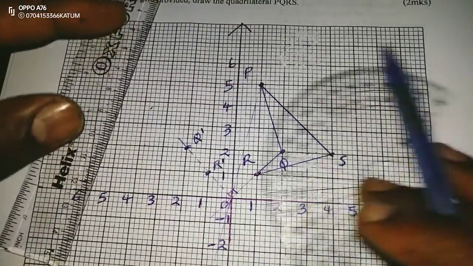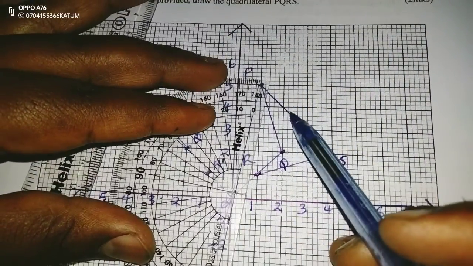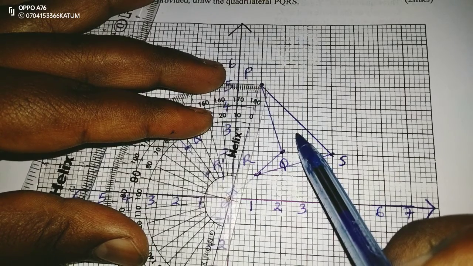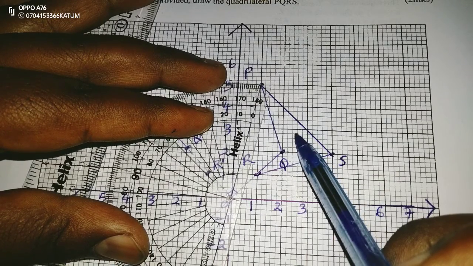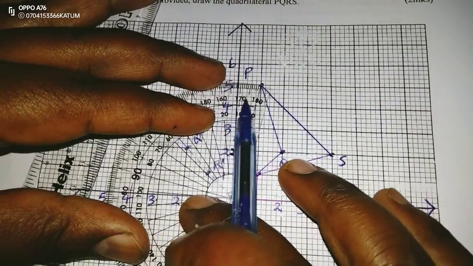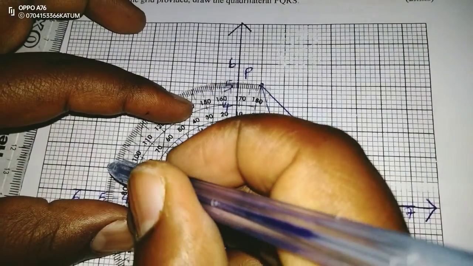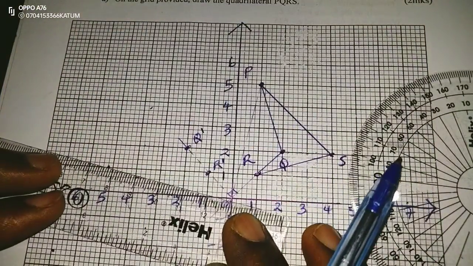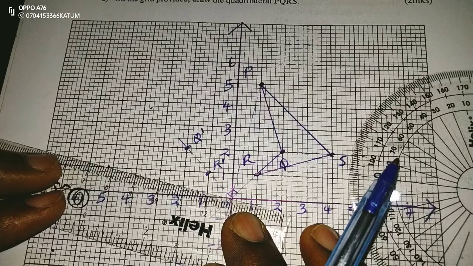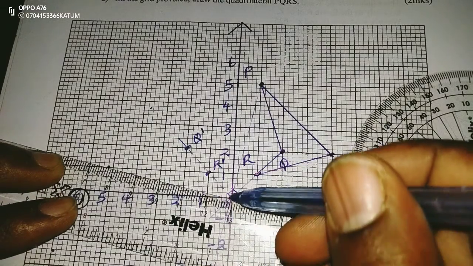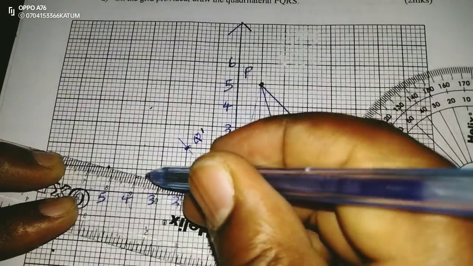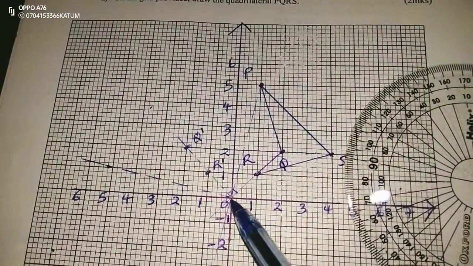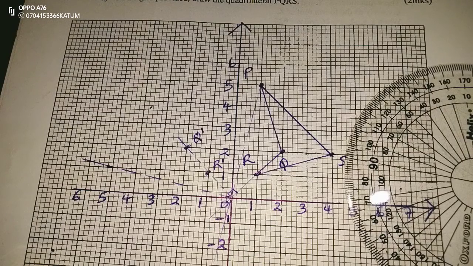I measure my 90 degrees along this line connecting P and the center. I stand here and connect the 90 degrees measurement. That is the line showing 90 degrees from P to the center, then 90 degrees in the anti-clockwise direction.